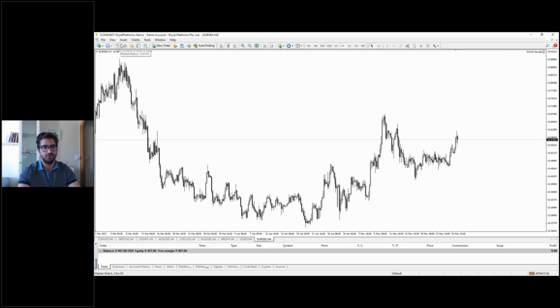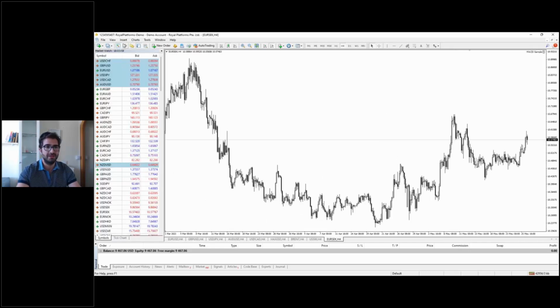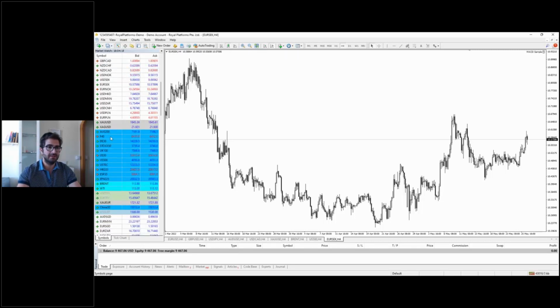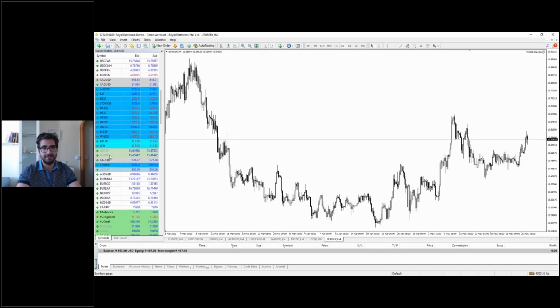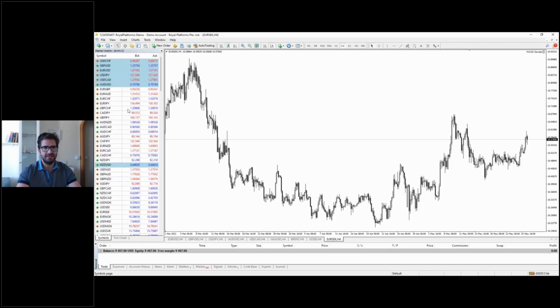It's called market watch, and you can either press it or use Control M. By pressing Control M, you will get the assets that you would like to trade. This section lets you see all the available securities or assets that are provided by your broker to trade. So we have here forex, the indices, and etc. This is the market watch.